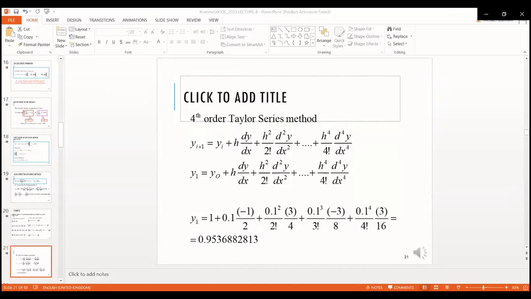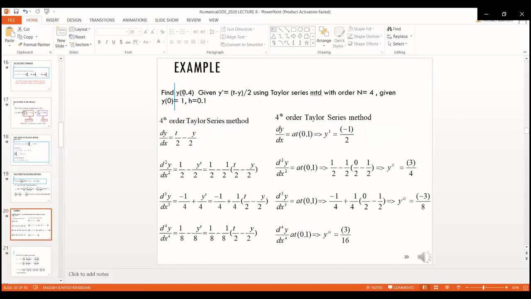So which means that once we do all this, we get our y1, which is the first iteration. Okay, good. Then you have to continue, because in the question we're told to find y at x equals 0.4. What we've just calculated is y at x equals 0.1. That's the first iteration. So you have to keep going till your x is 0.4.